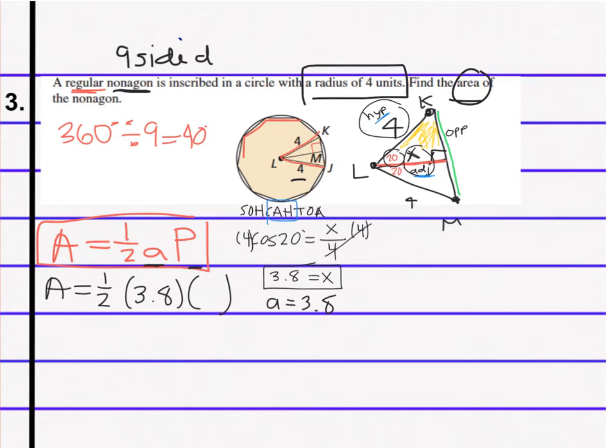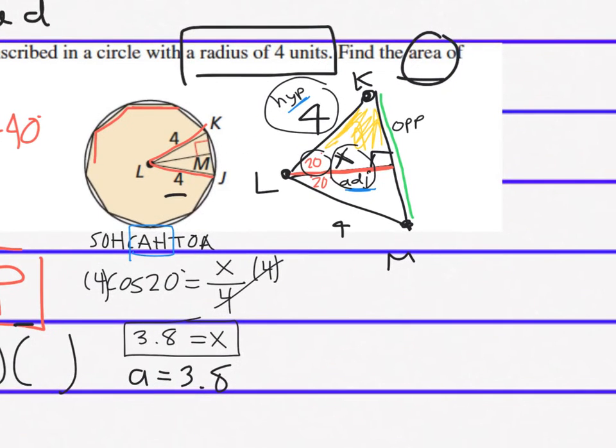At this point, you have many choices for what you could do. You could do sine of 20 equals, maybe we'll call this y so we don't get confused, y over 4. If you like the Pythagorean theorem, a squared plus b squared equals c squared, you could do that.